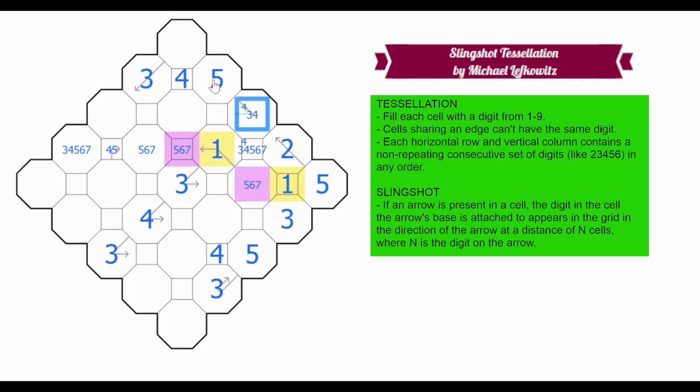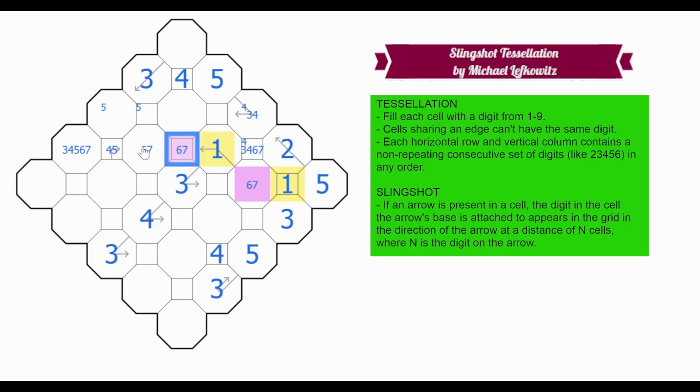Okay. 3, 4, put the 5 over here. One of these is a 5. This star touches both of them, so this star can't be 5. This is cool. I like this. Neither of these are 5.